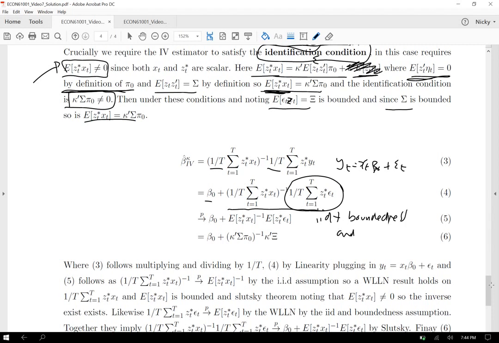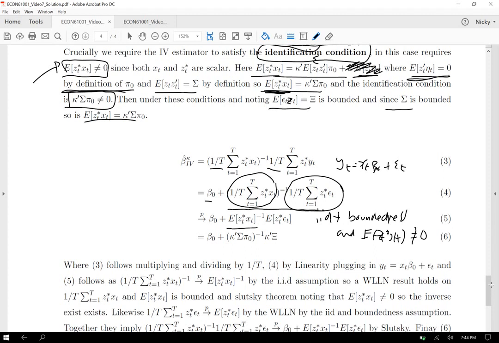Then, by the IID assumption and the boundedness, and the identification assumption that this scalar is not equal to naught, we can use a weak law of large numbers result on this. So it converges to its expectation, and because the limit is full rank, namely it's a scalar and it's not equal to naught, the inverse exists, which comes by the continuous mapping theorem.